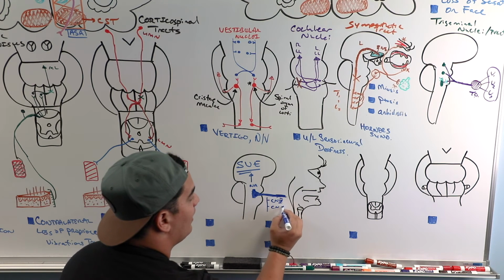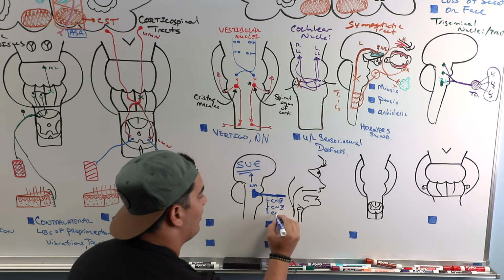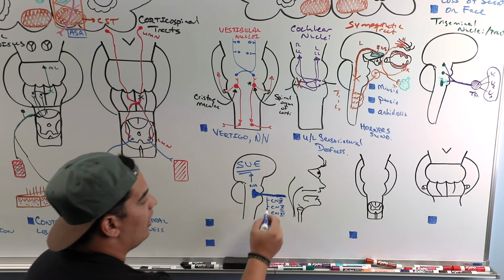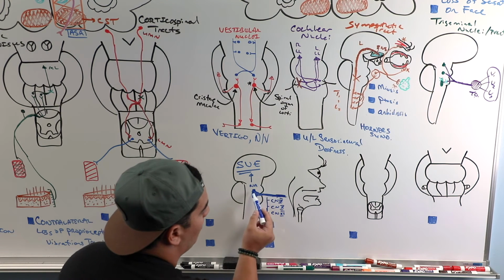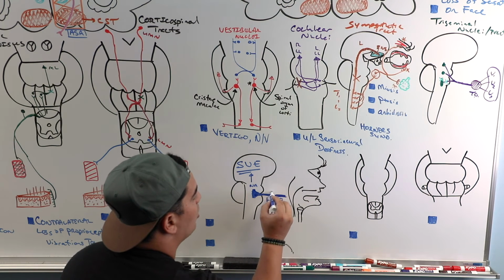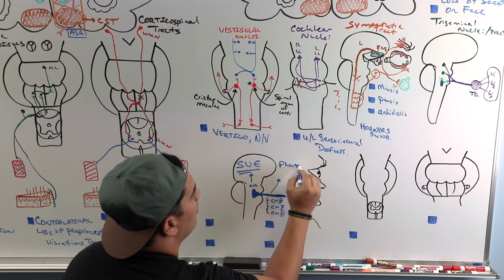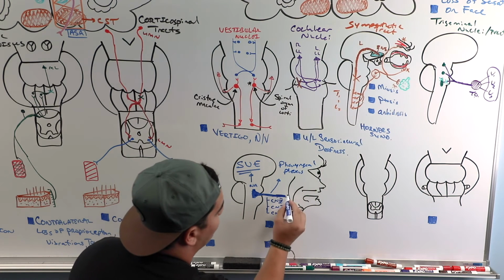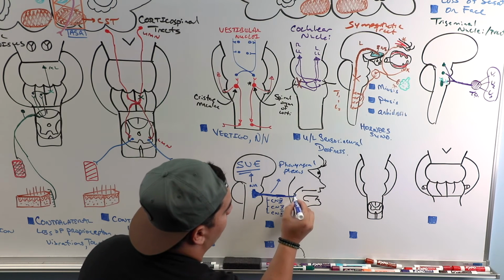Cranial nerve 10, the vagus nerve. And a teensy bit of cranial nerve 11, the accessory nerve. These 3 nerves carry axons from the nucleus ambiguus, these special visceral efferent fibers, and they're part of what's called the pharyngeal plexus.